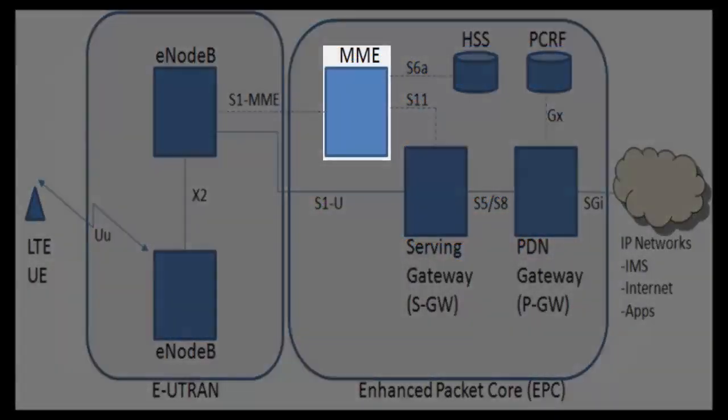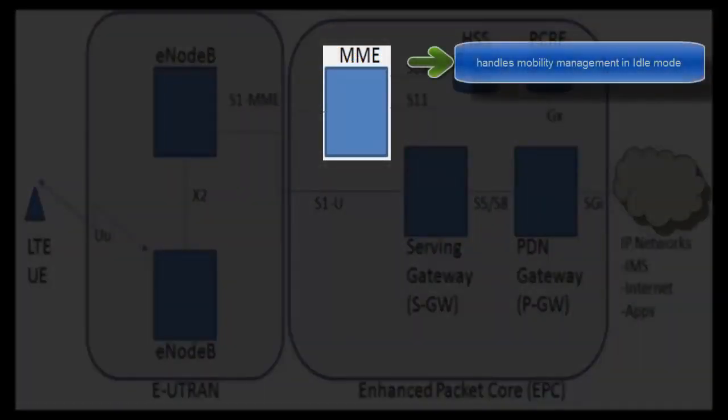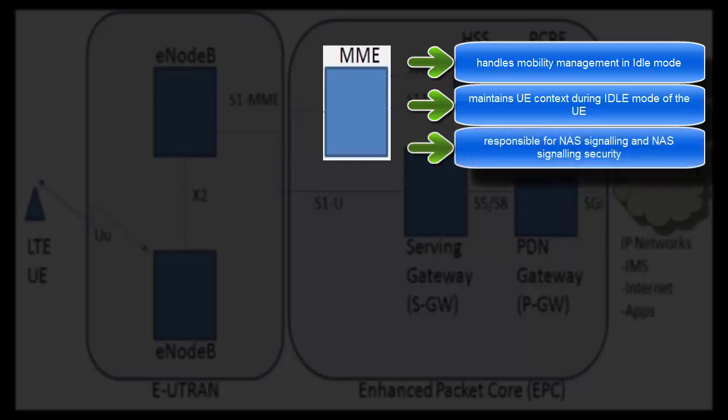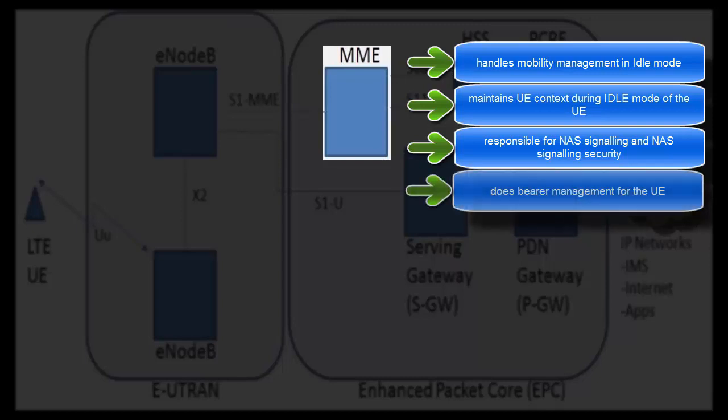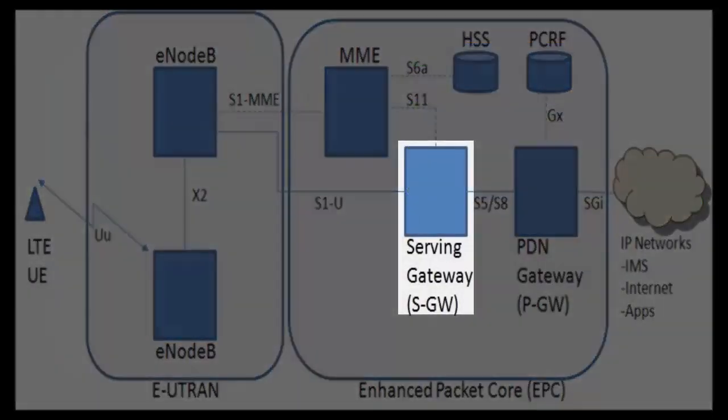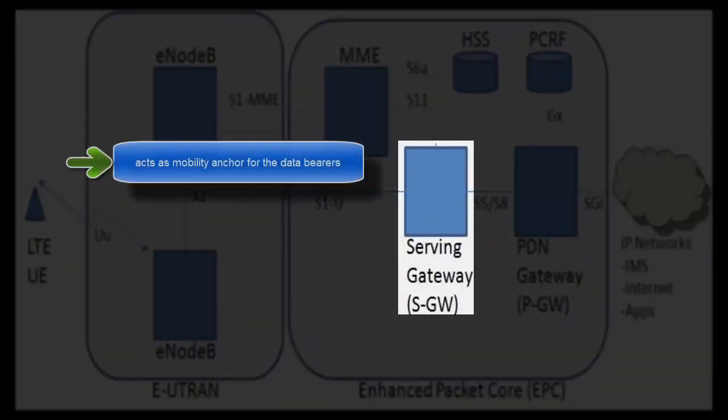Now MME. Number 1, handles mobility management in idle mode. Number 2, maintains UE context during idle mode of the UE. Number 3, responsible for NAS signaling and NAS signaling security. Number 4, does bearer management for the UE. Now serving gateway. Number 1, acts as a mobility anchor for the data bearers.